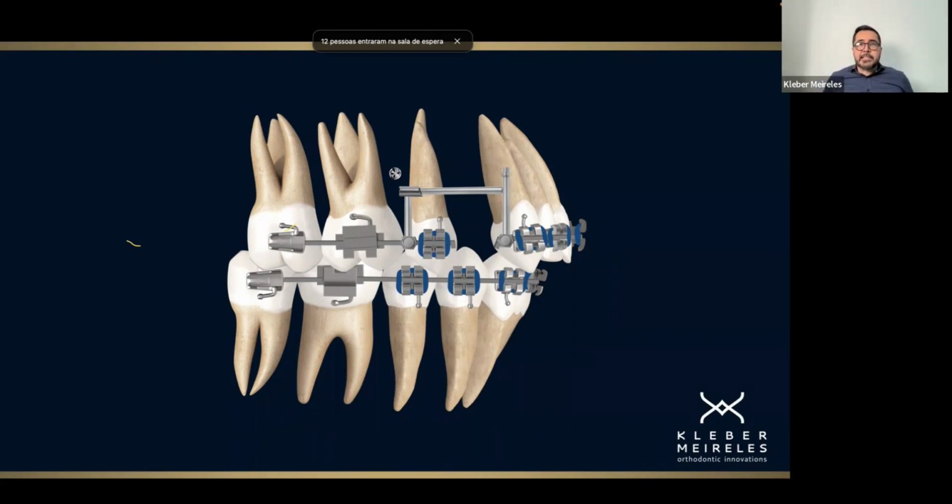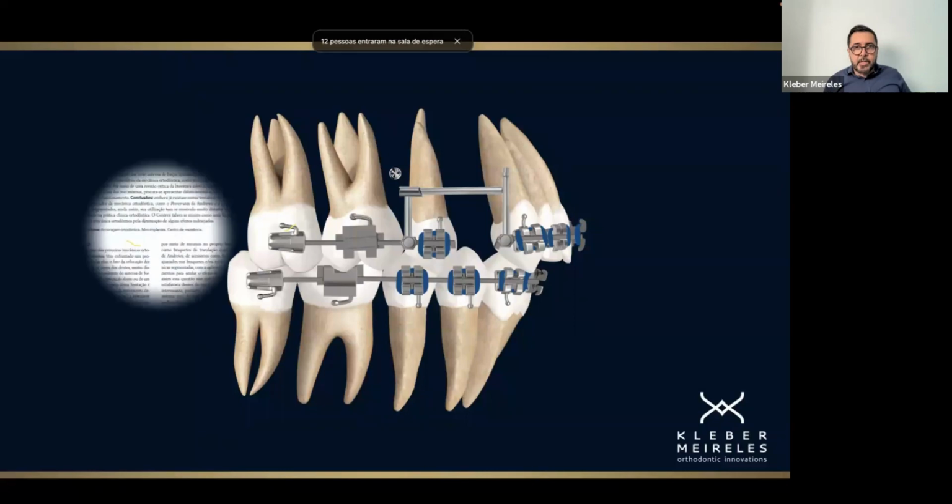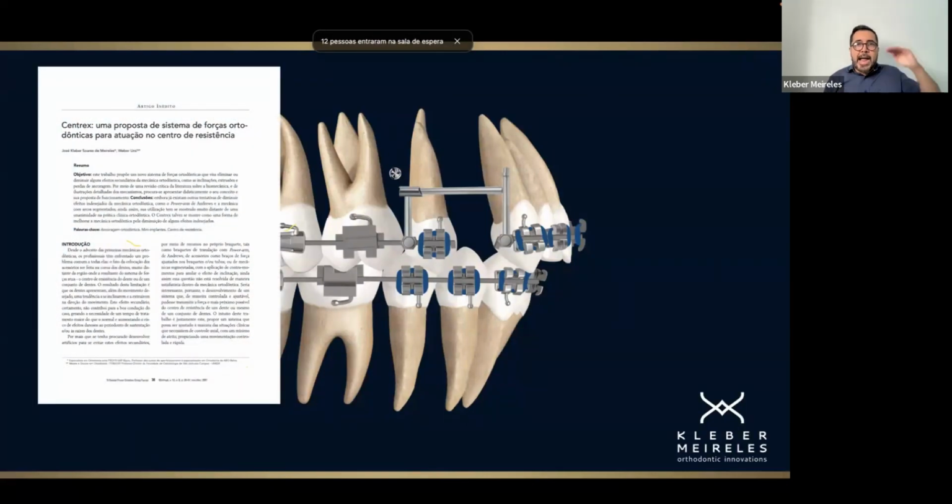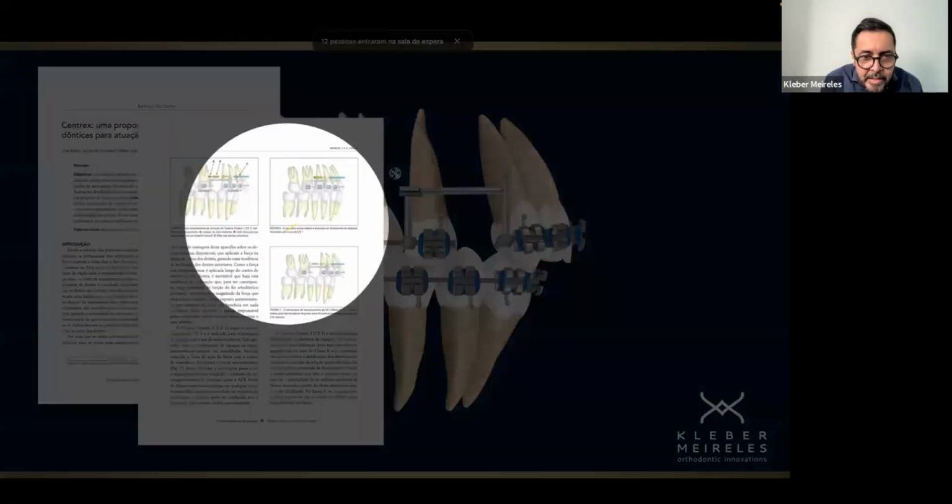And I started seeing that I don't need to apply a high torque if I don't generate a moment. The way to do that is thinking of one line of action passing close to or through the center of resistance of the anterior teeth. Because at that time, the only way to do that was using this concept here, using the high line of action. So I had two articles on which I did this.